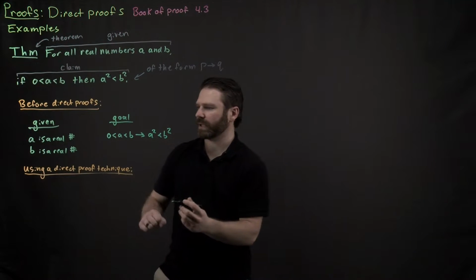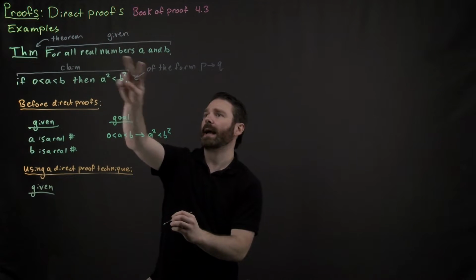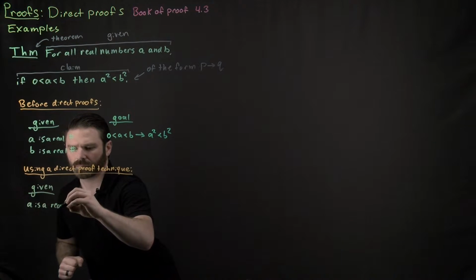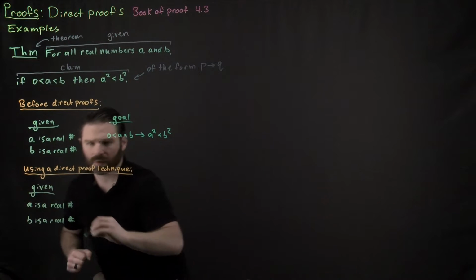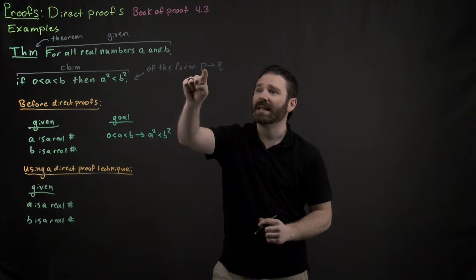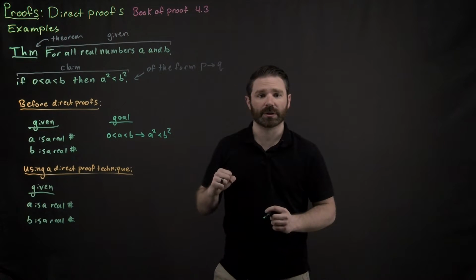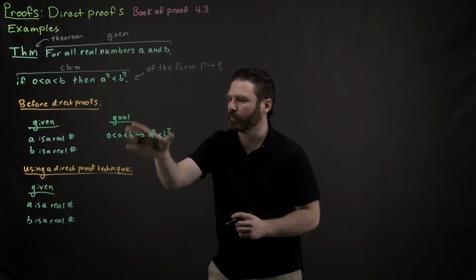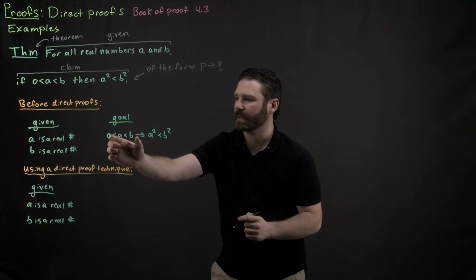So with our direct proof technique, what we are given, we still have a and b being real numbers. But with our direct proof technique, we also assume that P is true. And then we try to make an argument that Q is true. So in this particular theorem, our hypothesis of our P implies Q is this inequality.